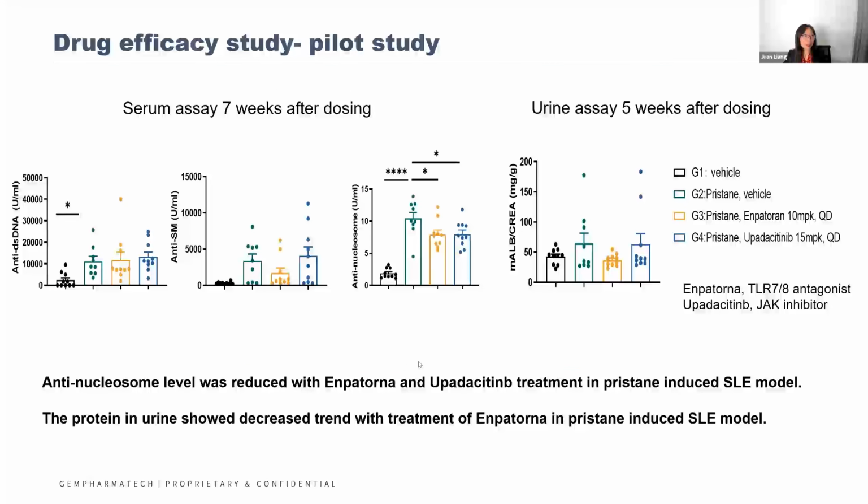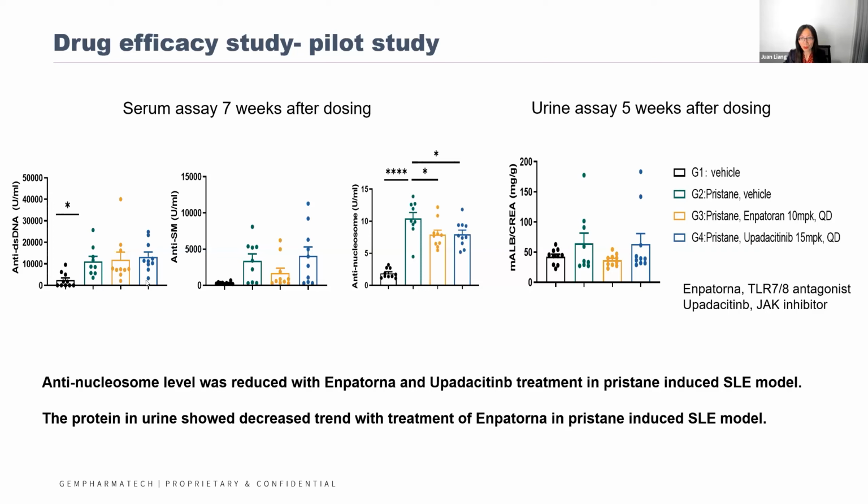In the applied drug efficacy study, we use the TLR7/8 antagonist and the JAK inhibitor to treat the model. The first one is a vehicle control. The blue column is a pristane-induced model. This is a pristane-induced model with treatment of TLR7/8 antagonist.